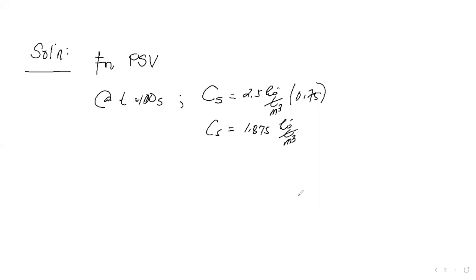So if we will consider the formula again, C equal to C sub S times 1 minus e raised to negative K prime A T over BV. So this is our formula.